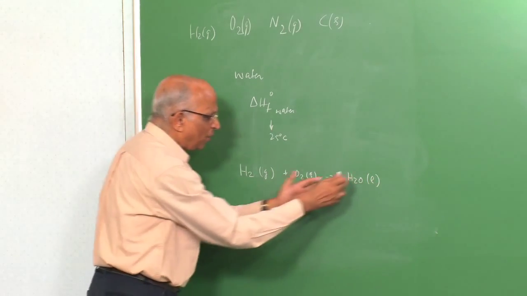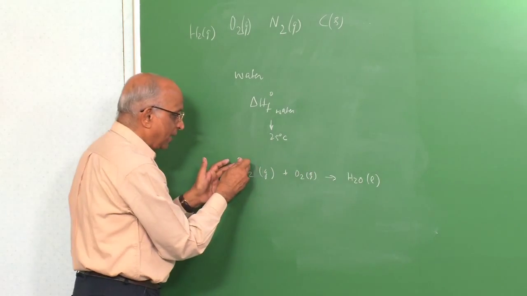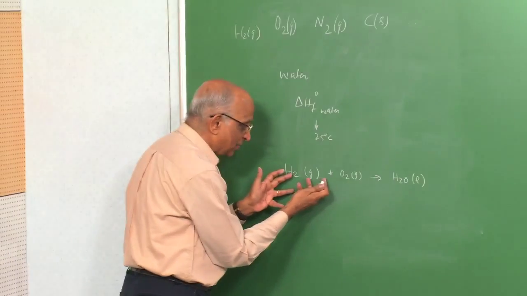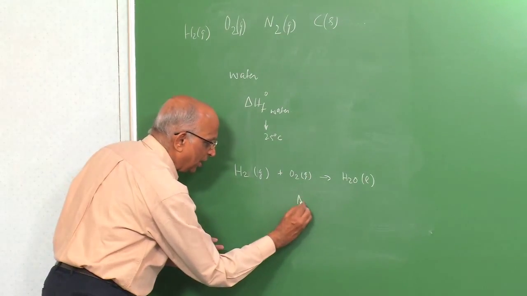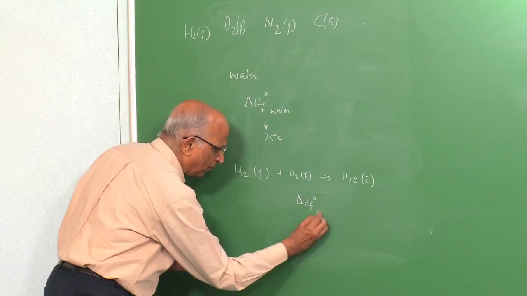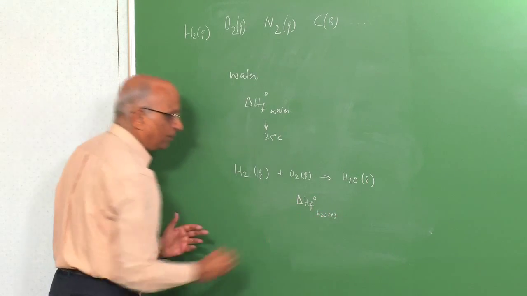The heat required to form water from hydrogen and oxygen at the same condition as the water which is formed is what we call the heat of formation of water, H2O liquid.